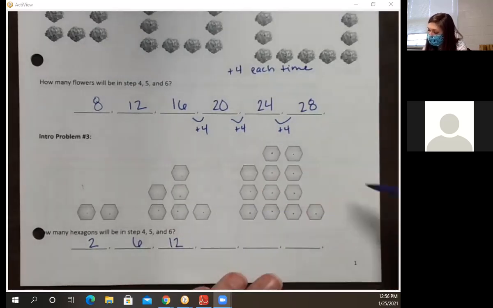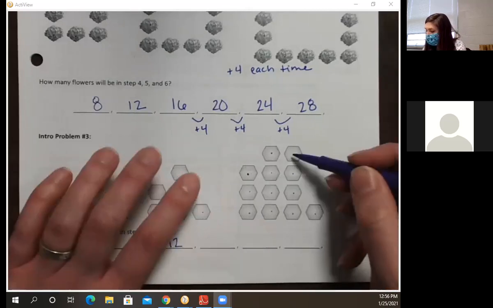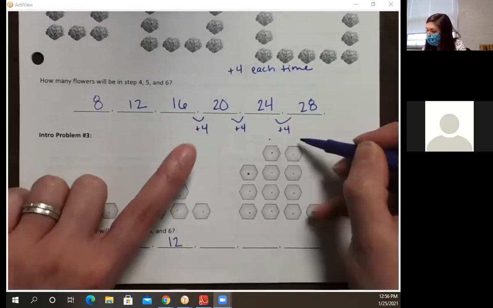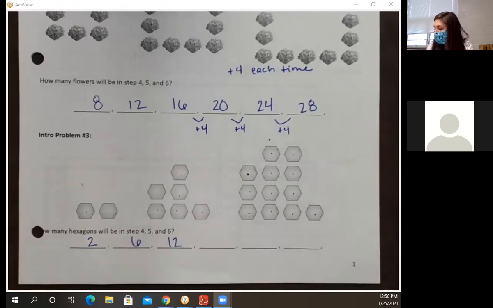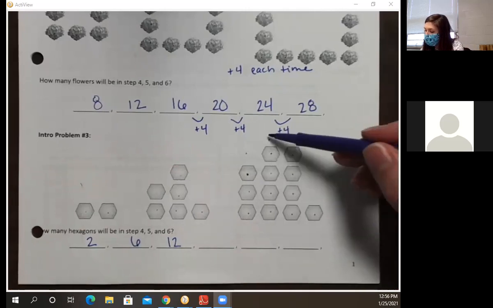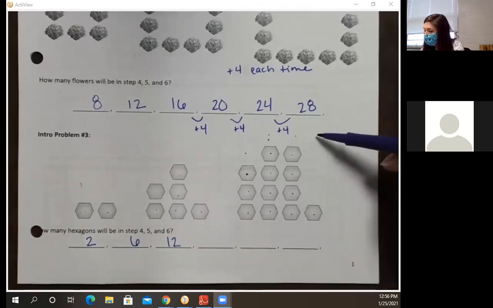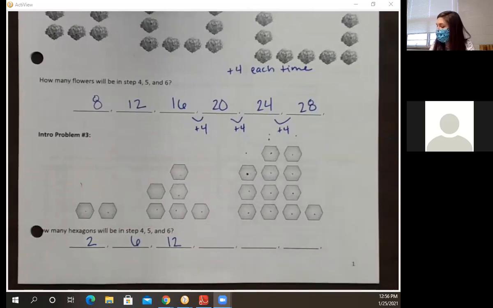Then if I move the next step over, I added 1 more to this column. I added another column here. I added 1 on top and made this new column the same height, and then I've still got that 1 at the end. So the next one I would expect to probably add another block here, add another block here, and a whole new column all the way down, with this guy kind of scooted out. So I could count up how many blocks that would be.